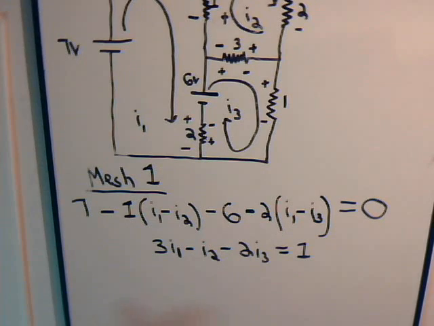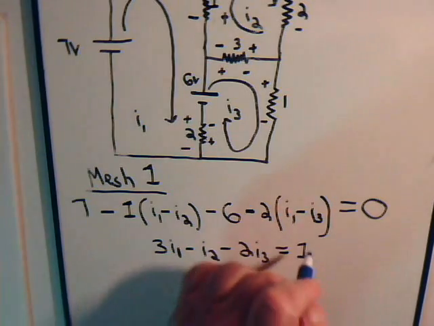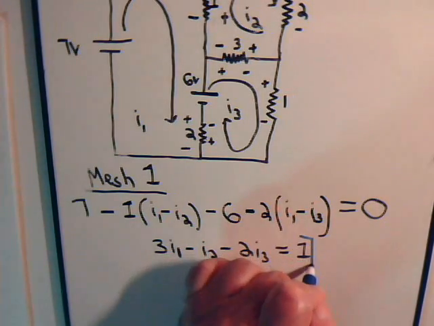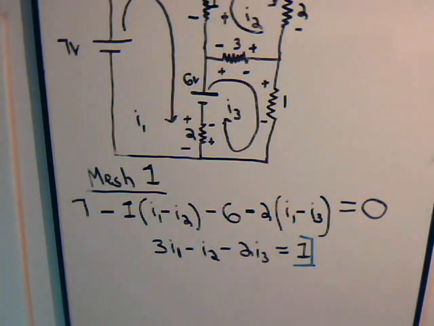So this is the net result from the mesh 1 current, this equation right here. Now, let's go ahead and set it up for the second mesh.